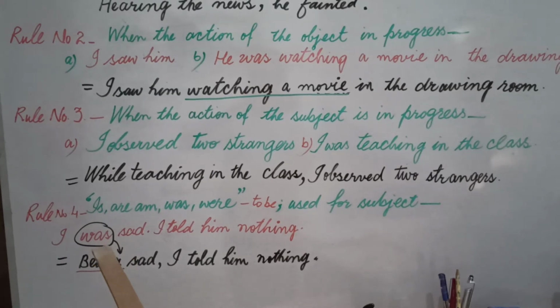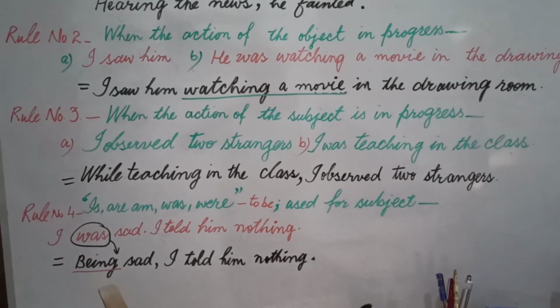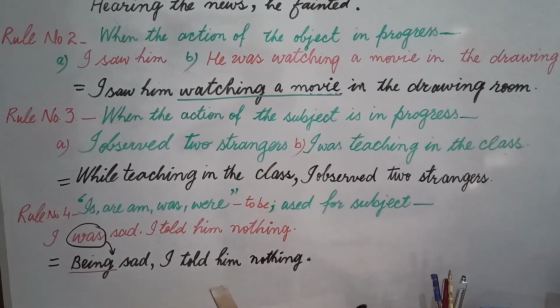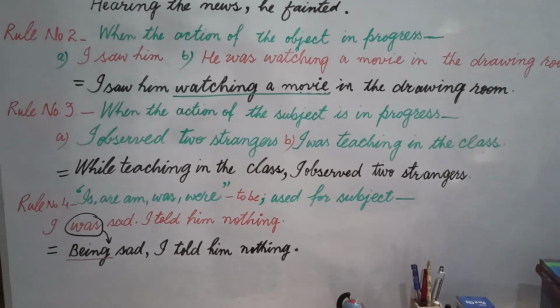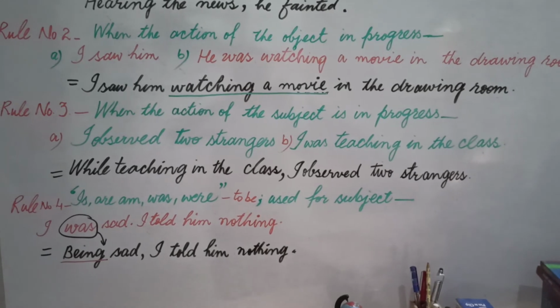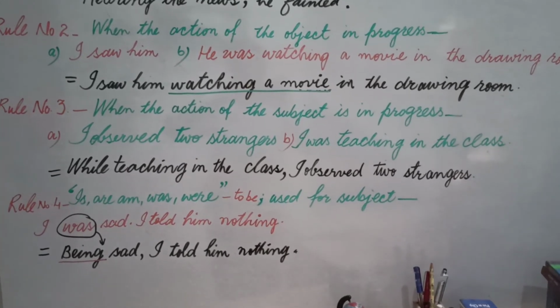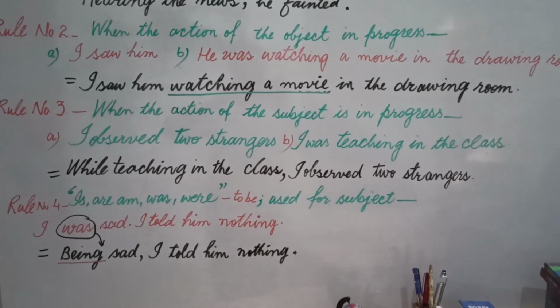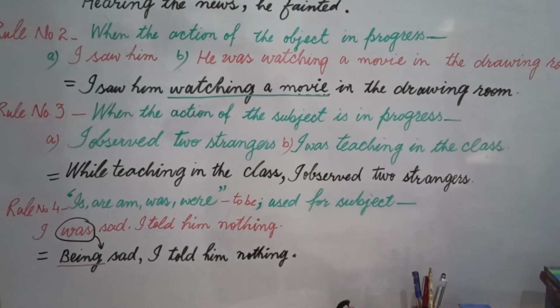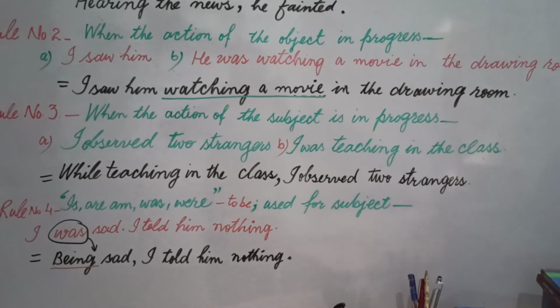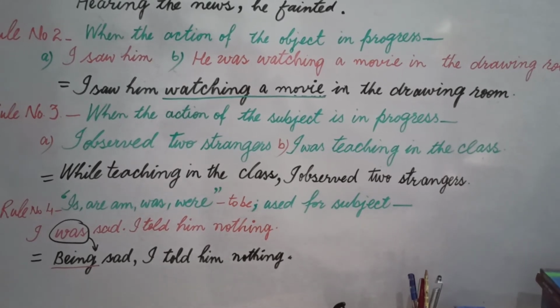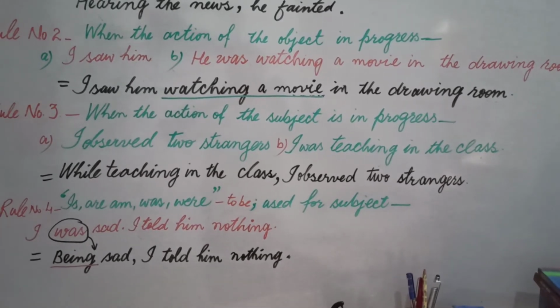We will change this was into being and write: being sad, comma, I told him nothing. It means when is, are, am, was, were are given in the first sentence, or it is related to a subject, we change them into being and we omit I. It means we don't write the subject and we start our sentence with being.